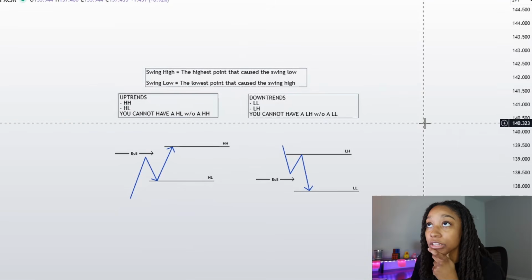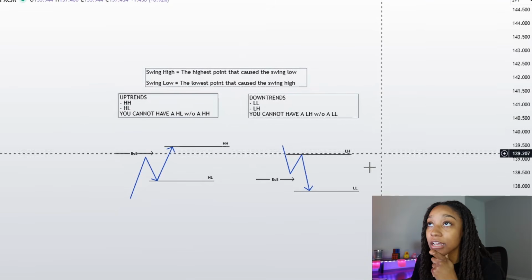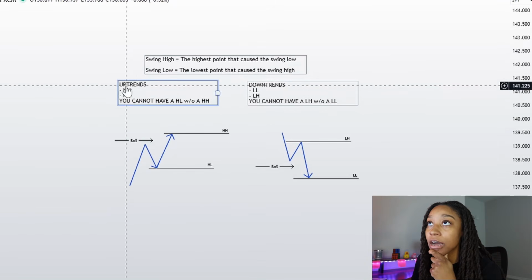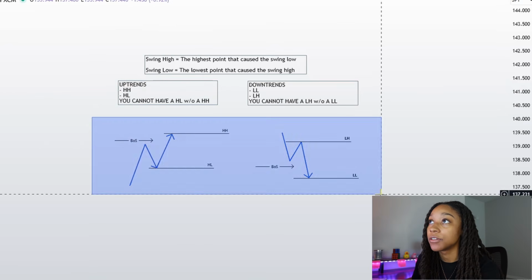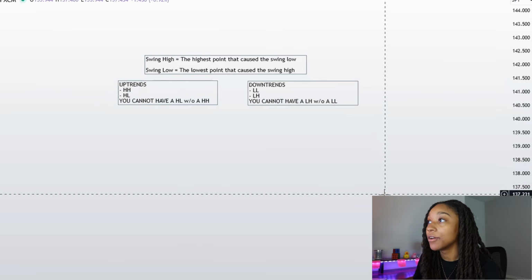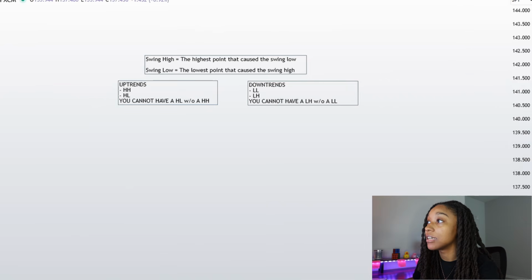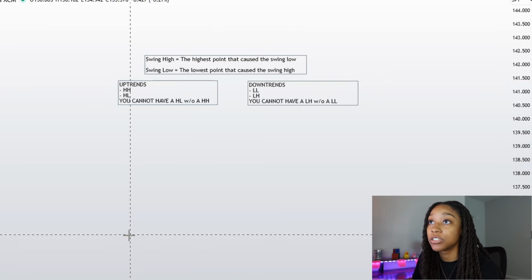So, we have the uptrend, we have the downtrend, we understand consolidation. How do we know when the market is changing trends? So uptrend, downtrend, how do I know when my uptrend is ready to become a downtrend? If I'm in a trend and I know that an uptrend can only have higher highs and higher lows, I'm actually going to remove this for a second. Hope y'all wrote this down. But if an uptrend can only have higher highs and higher lows, then I expect my uptrend to do what?